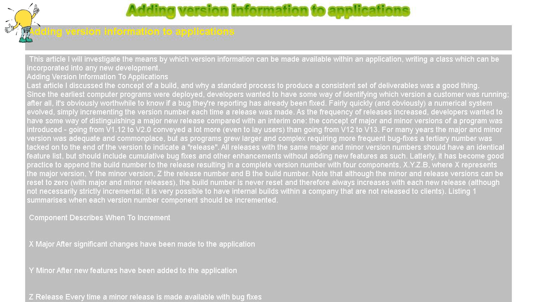If you do this on even the simplest project, you will see that you can now right-click on the executable and obtain version information, just like all well-behaved Windows applications.